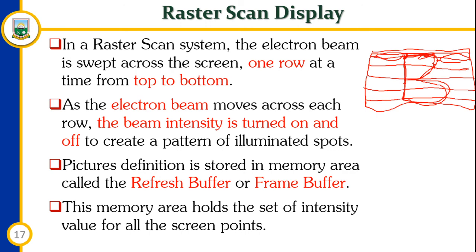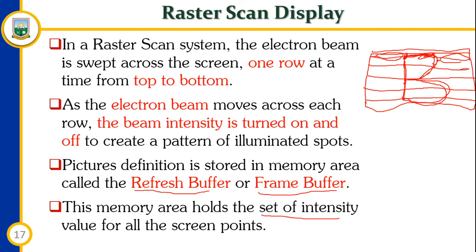So the picture definition is stored in a memory area, which we term the refresh buffer or the frame buffer. The memory area holds the set of intensity values, whether on or off, for all the screen points.